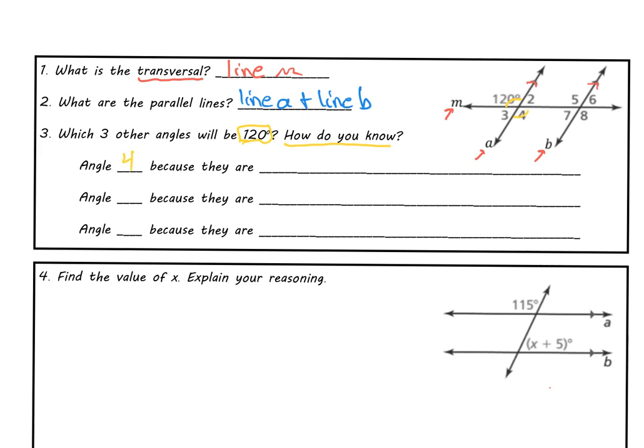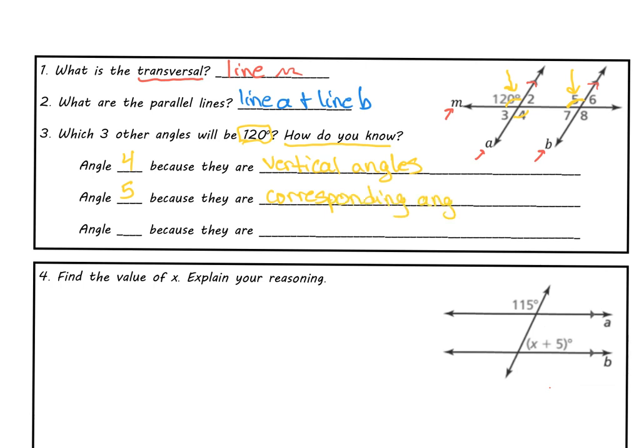That's from a prior lesson. Angle 4 because those are vertical angles, and vertical angles are always congruent. You should be thinking angle 5, because if you look at this angle here and this angle here, angle 5, because those are corresponding angles. They're in the same spots.